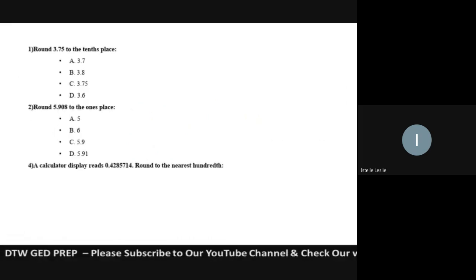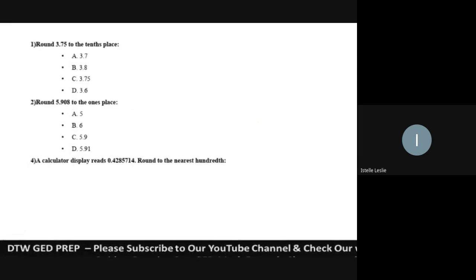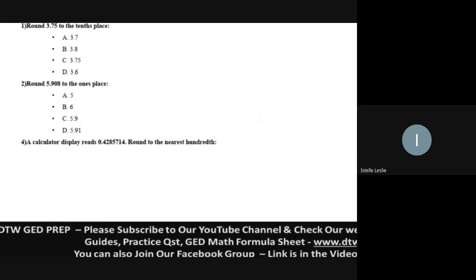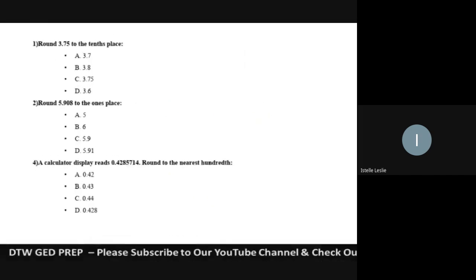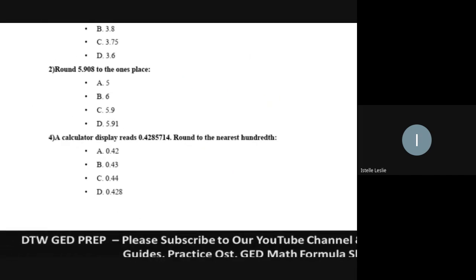Okay, this says a calculator display reads this. Round this to the nearest hundredth. Let me give you the options before zooming. So what would this be to the nearest hundredth?